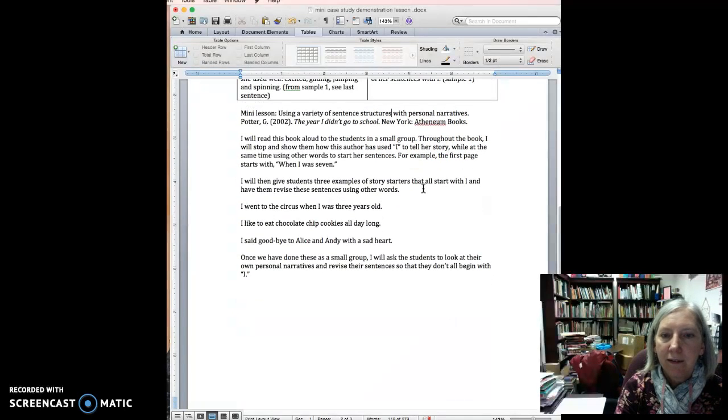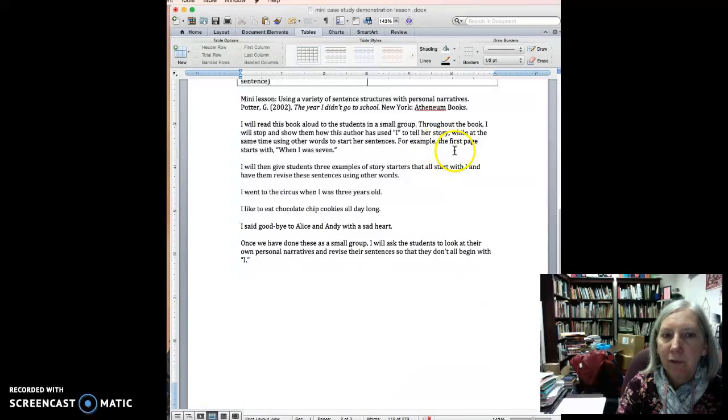What I say is I will read this book aloud to the students in a small group. Throughout the book, I will stop and show them how this author has used I to tell her story, while at the same time using other words to start her sentences. For example, the first page starts with a sentence that starts, when I was 7.